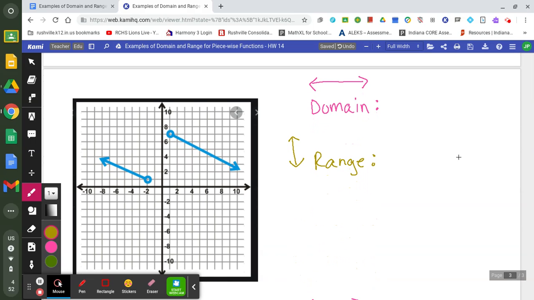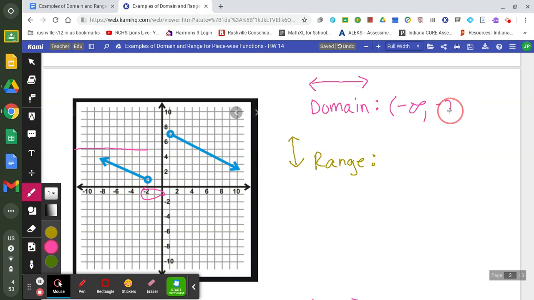And then on this one, it's going to start over here, and it goes and goes and goes, but it actually stops at this -2. So we have negative infinity, and it goes to that -2, but it doesn't include the -2.